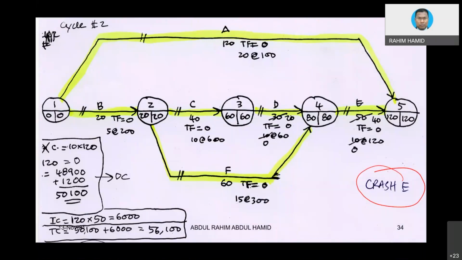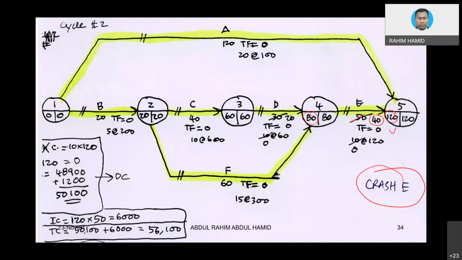From 50, put it to 40 there. Then we do the calculation: 80 plus 40 is 120. That should be fine. But how about A? A is also 120. Okay, that's fine. So it's workable by slashing activity E. We don't have to consider any other things.